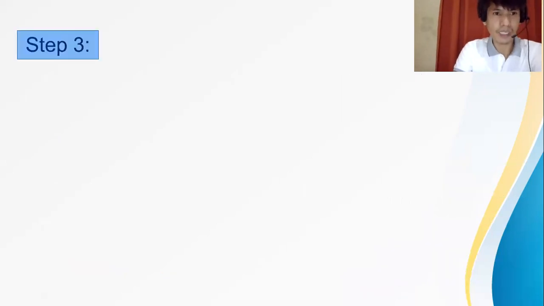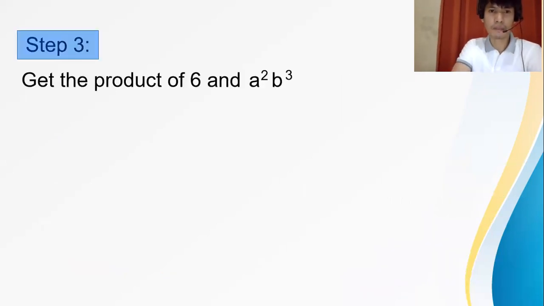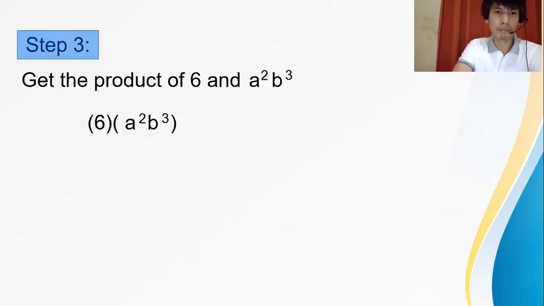Next, step 3, get the product of 6 and a squared b to the third power. So, we multiply the two that we got: the greatest common factor of the numerical part and the greatest common factor of the variable part. And therefore, the greatest common monomial factor is 6a squared b to the third power.